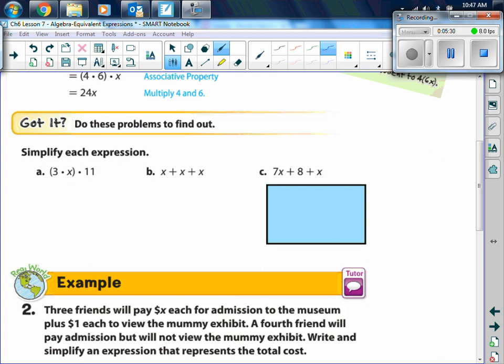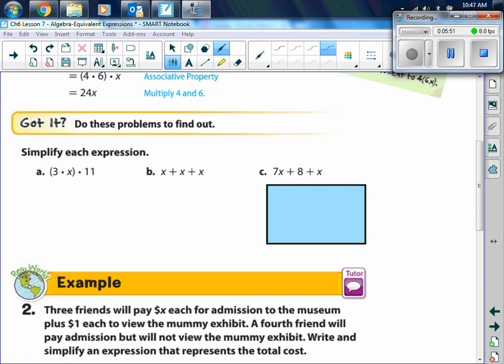So then we'll do these problems. For problem A, we have 3 times x times 11. And we're going to show the movement of each one of our properties. So here, I want to multiply the 3 times the 11, so we want to get those closer together.